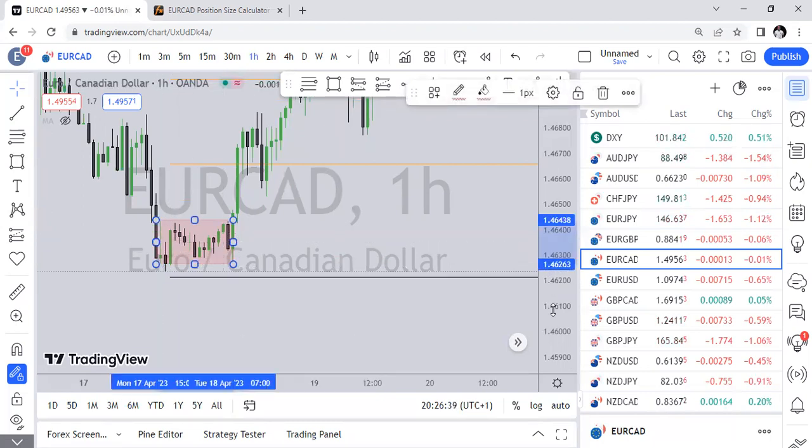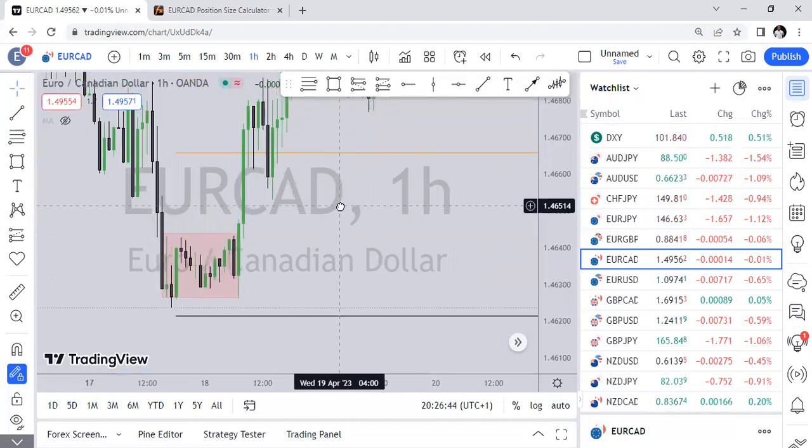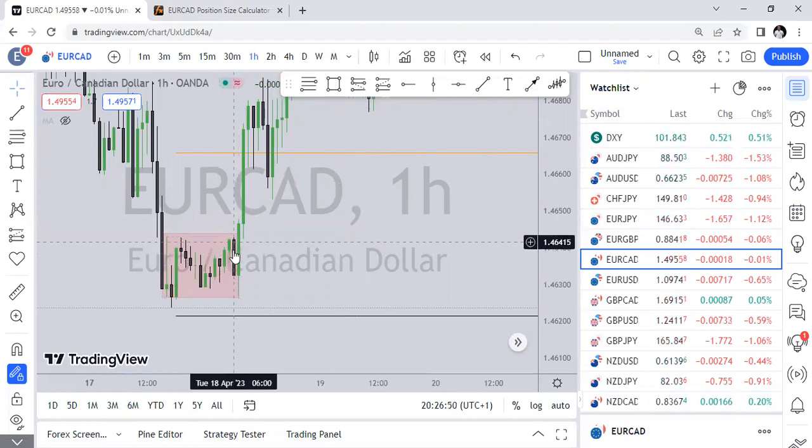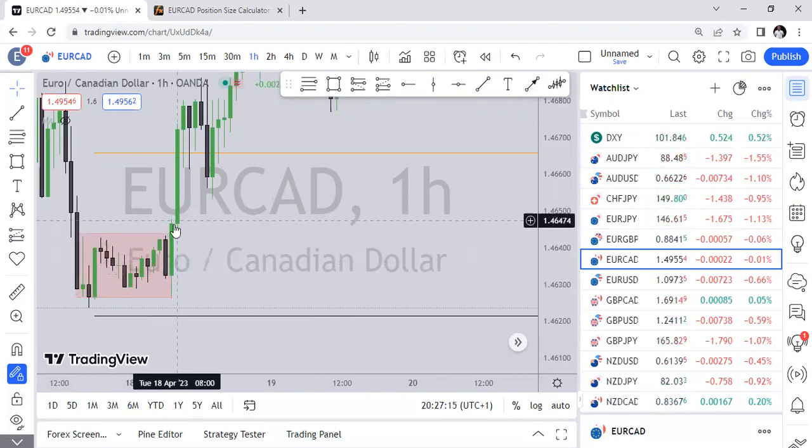But then, as someone who reads the market, when this candle dropped here, you saw a candle that went impulsively in one direction, and then took out the high of the previous candle. So this one here now is an engulfing candle.